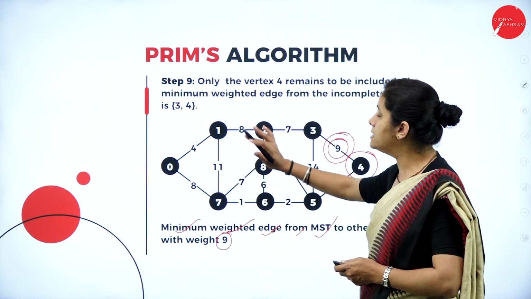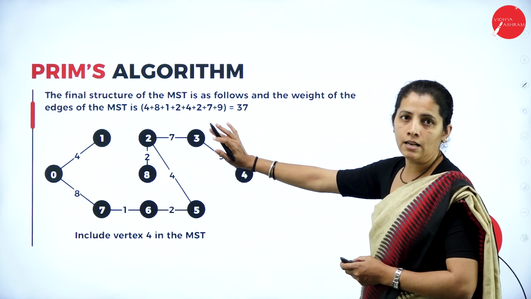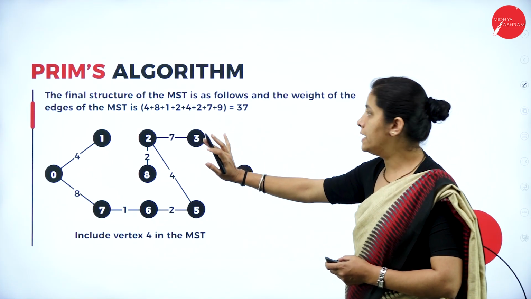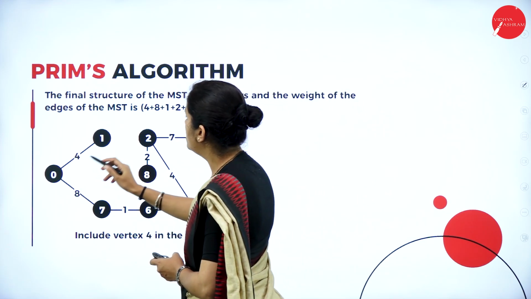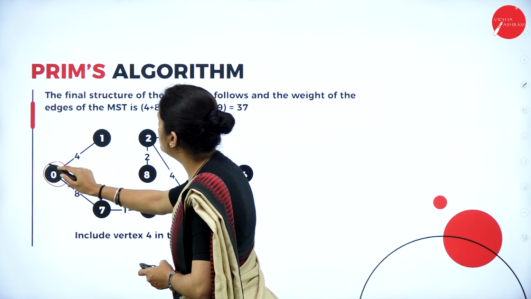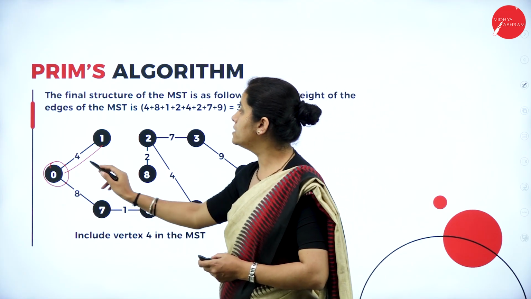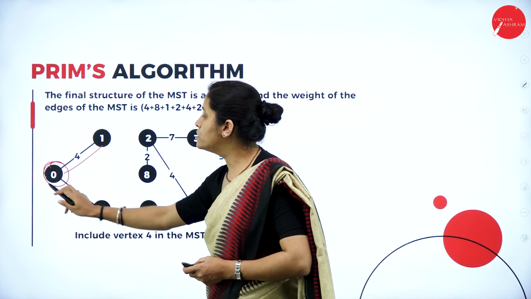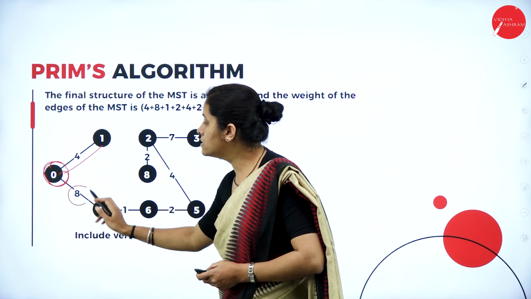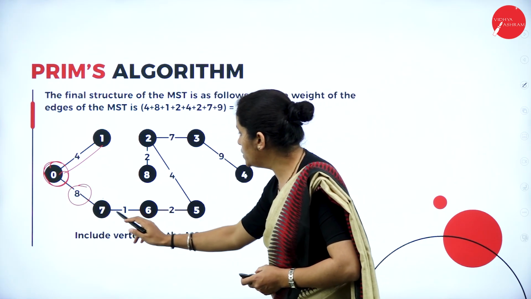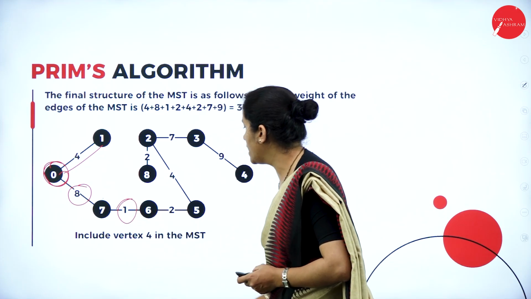Okay, fine. Let's see the final minimum spanning tree. So how I started: 0 to 1 with the minimum weight 4. Now from 0 to 7, it is 8. From 7 to 6, the weight is 1.